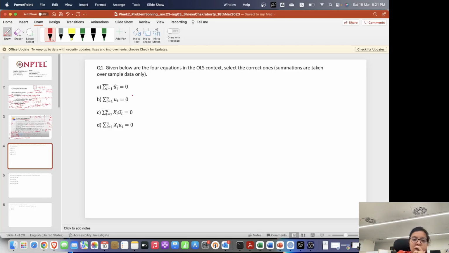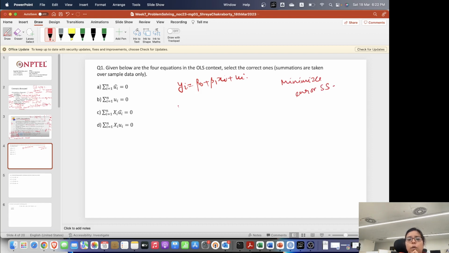Okay, so if you remember, let us consider that initial thing from where we started, yi equals beta naught plus beta 1 xi plus ui. This was my model from where we started. So the logic was to minimize the error sum of squares.